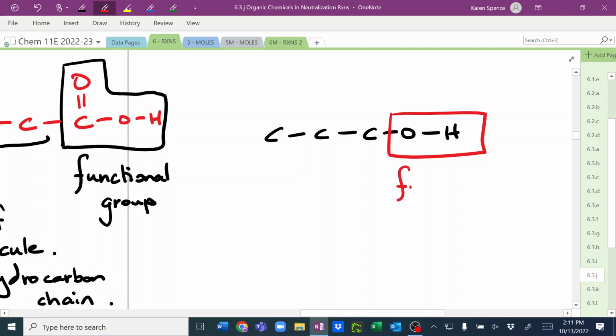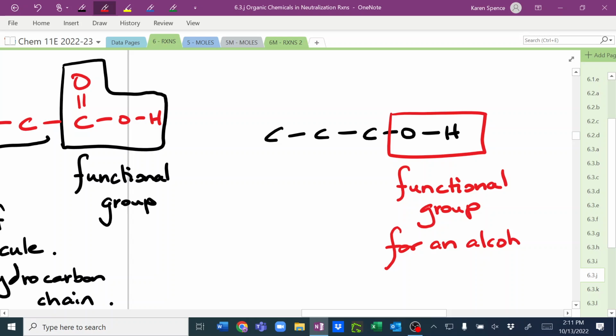So that is the functional group for an alcohol. There isn't one for a hydrocarbon. It's just a hydrocarbon chain. Functional groups are extra bits that are different than carbon and hydrogen that you stick onto a hydrocarbon chain.